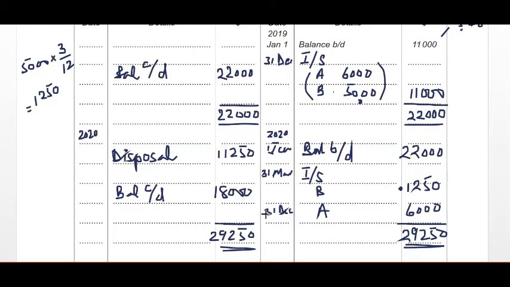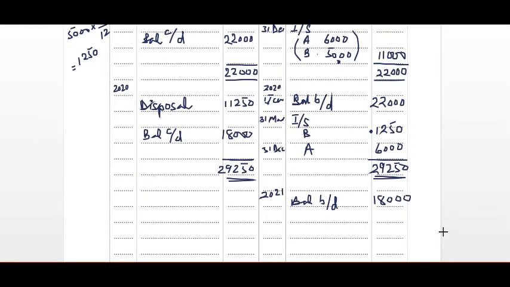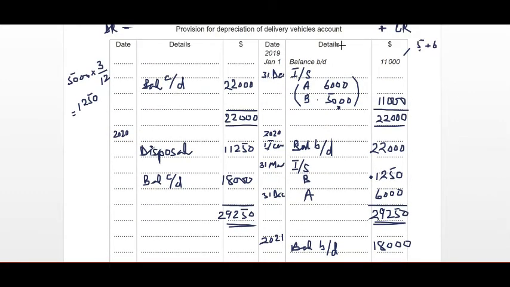That means this is the balance that will be carried forward to 2021 as your balance b/d in your provision for depreciation account, which is 18,000. So this will be your complete provision for depreciation account showing both years 2019 and 2020. Whenever we have a balance c/d figure, we need to show it as a b/d figure in all the questions.